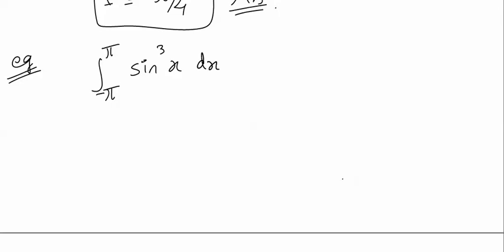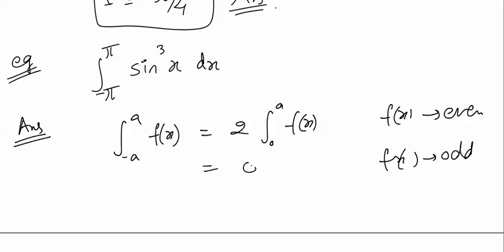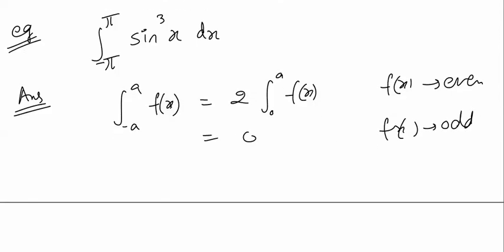How will you solve it? Now if you observe this pattern, integration from minus a to a of f(x), I said it is 2 times the integration from 0 to a of f(x) if f(x) is even, and if f(x) was odd, it would have turned out to be 0, isn't it?